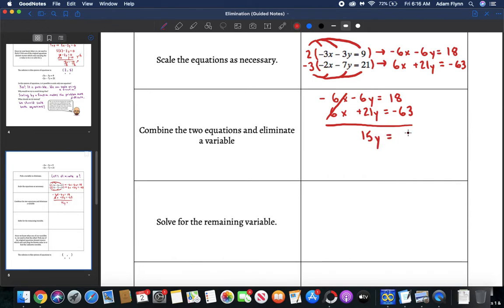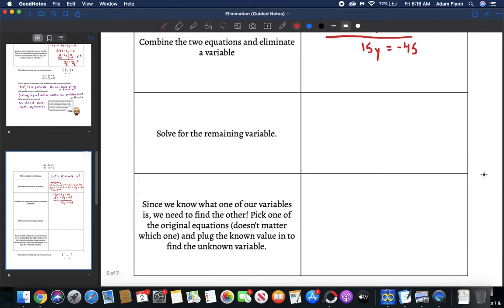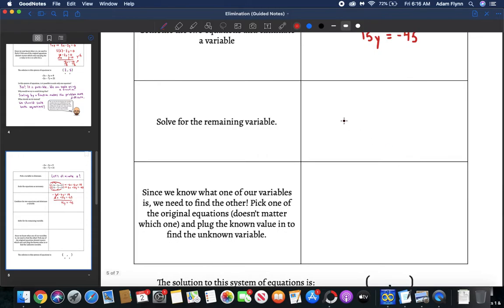And 18 minus 63: the difference between 63 and 18 is 45, and 63 is negative, the larger number, so this is going to be -45. So I get 15y equals -45. I will rewrite that.